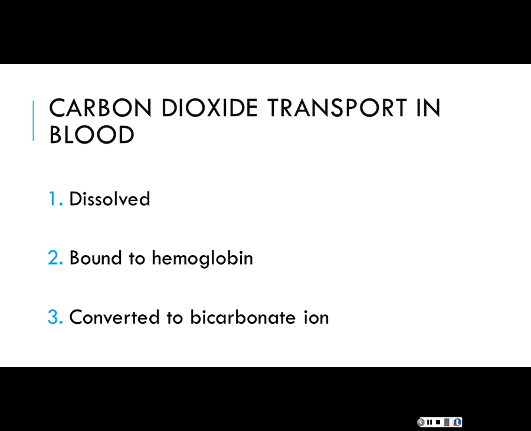We can, one, use an enzyme called carbonic anhydrase, which is localized where? In the red blood cells. So we can form bicarbonate ion if CO2 diffuses in the red blood cells and interacts with carbonic anhydrase.